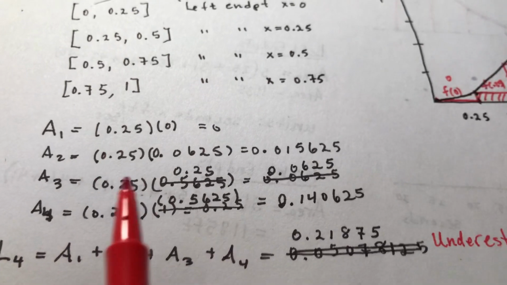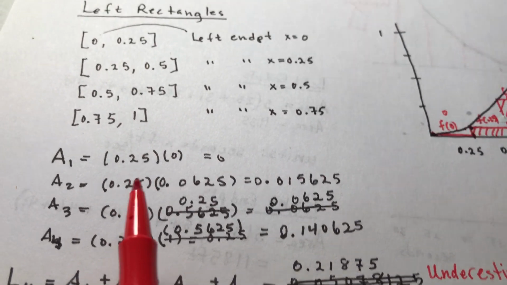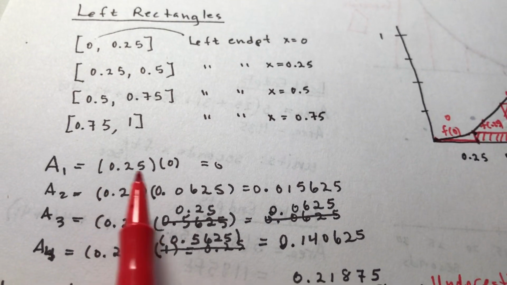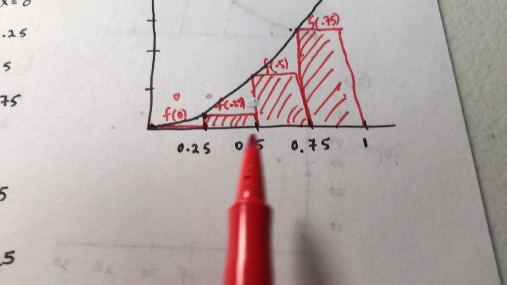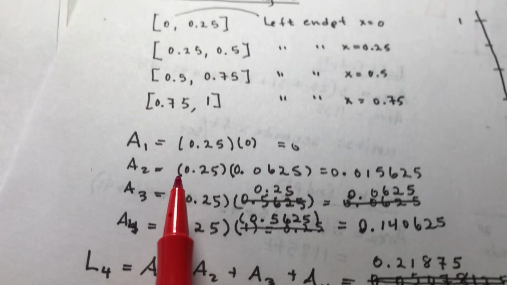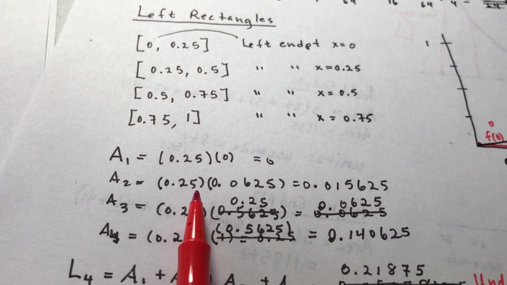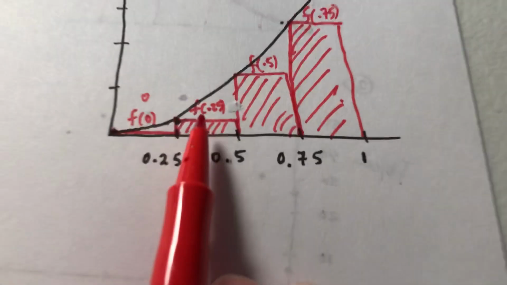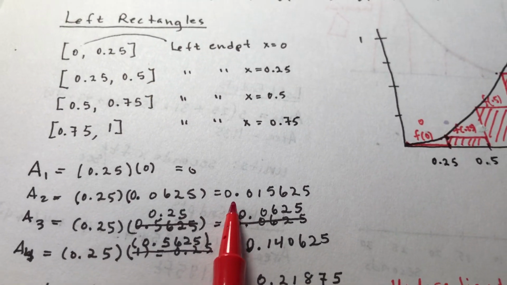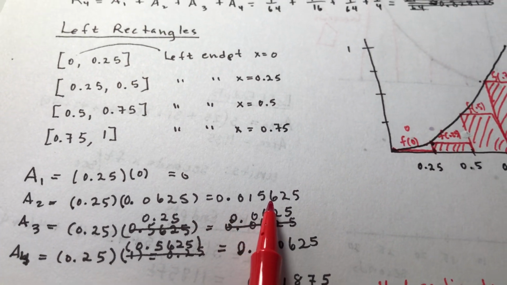Now I'm going to come over here and figure these areas. I was doing all kinds of messy stuff with decimals earlier, excuse me. So if I take the width, and the width of each one is 0.25. 0.25 times 0 is 0. 0.25 times it, and then I plug the 0.25 into the function, and I'm getting 0.015625.